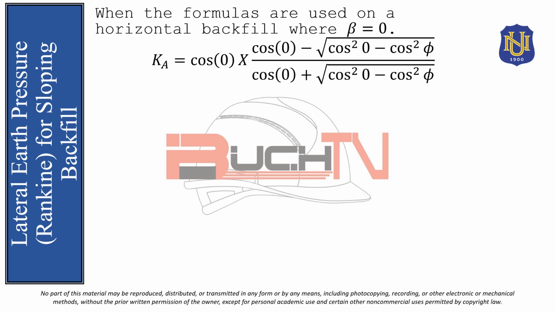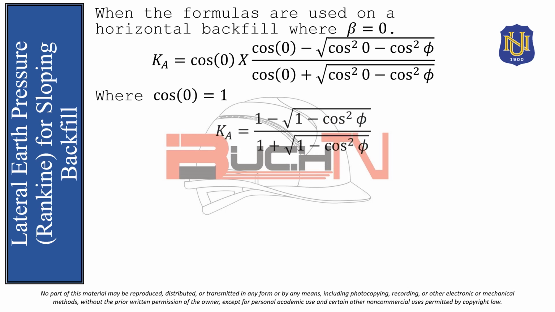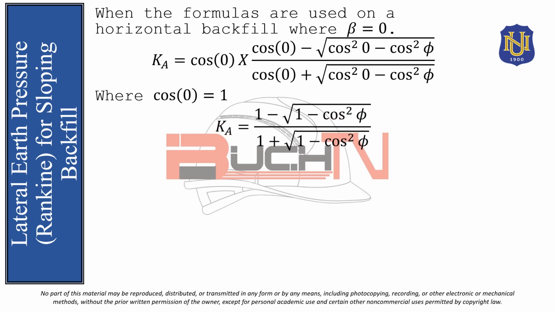So, if we will solve cosine 0, that will be equivalent to 1. So, the resulting equation, if we substitute 1, so that will be 1 minus square root ng 1 minus cosine squared of phi divided by 1 plus square root of 1 minus cosine squared of phi.